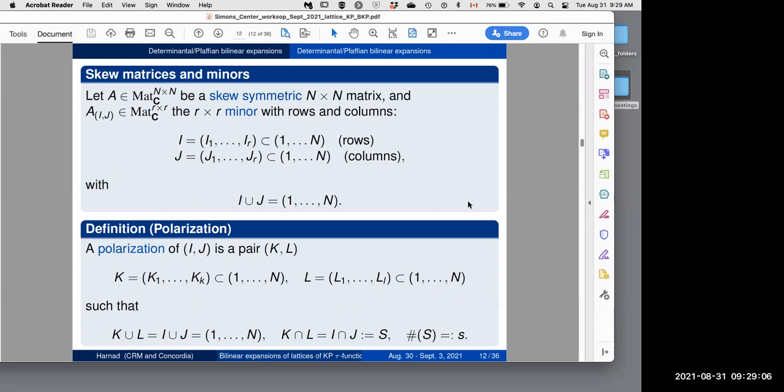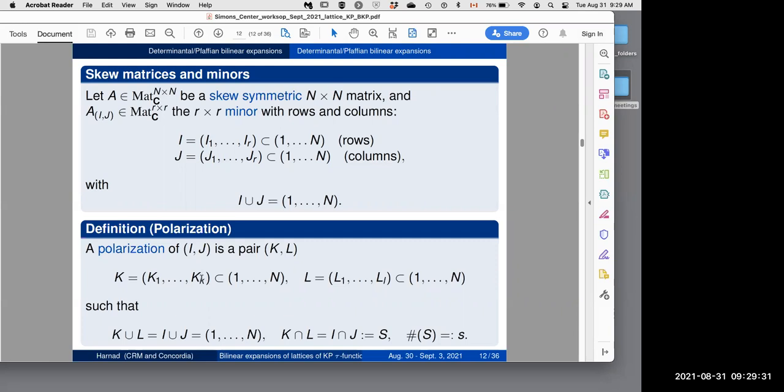Now there's a notion that I have to introduce to make this identity concise, and that is the notion of a polarization. So a polarization is some other way to split things up. So you have I and J given, and we're going to talk about a polarization of a pair IJ. This will be another pair, K, L, not necessarily of the same length. These are the equal lengths r.